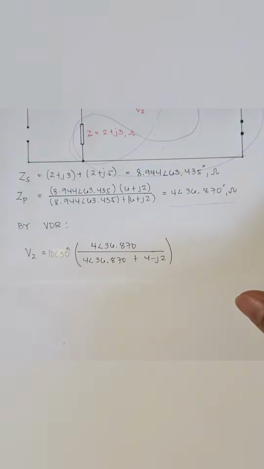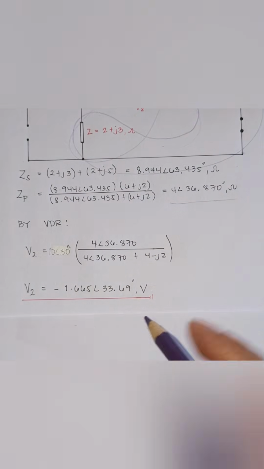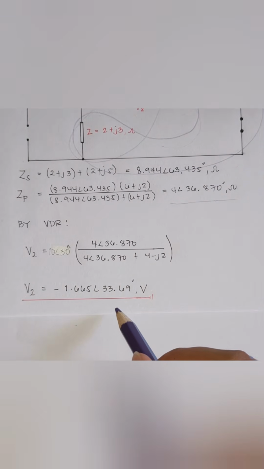Computing that, we have V2 is equal to 1.665 angle of 33.69 degrees volts.